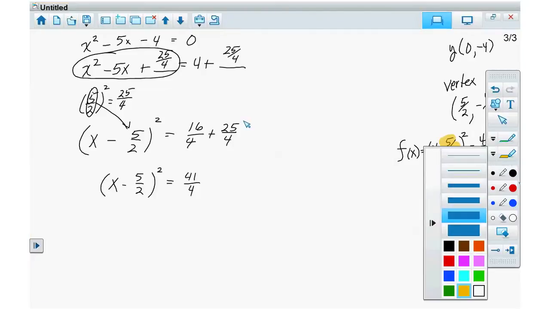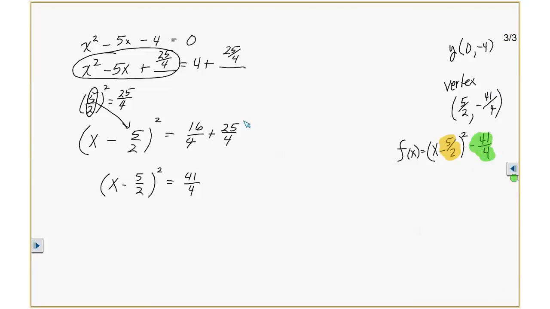This right here is the vertical shift. So if you take your horizontal shift and your vertical shift, you got the vertex. But when it's in vertex form, you take the opposite of this and you bring this down. So the opposite of this is 5 halves, and you bring that down. When it's in this form, you take the opposite of both. That's why I like doing this, because students remember that a whole lot easier. You take the opposite of both. But the homework and the test asks that you put it in that form.